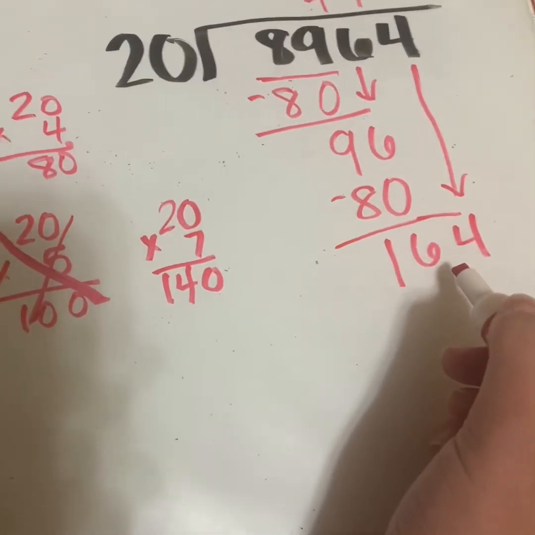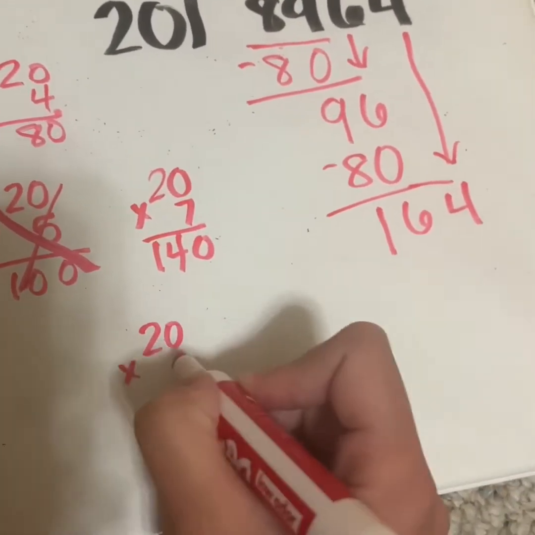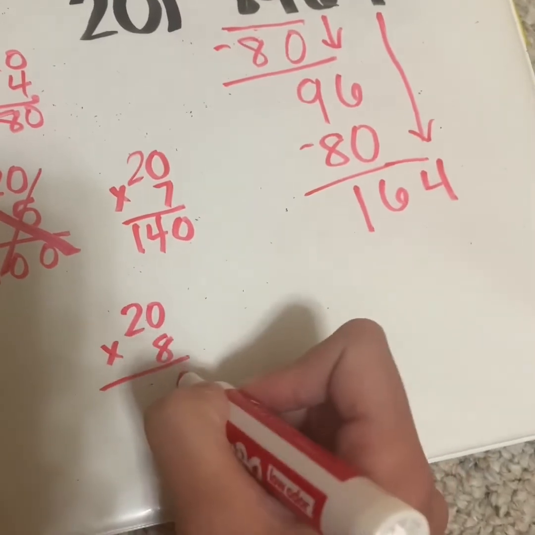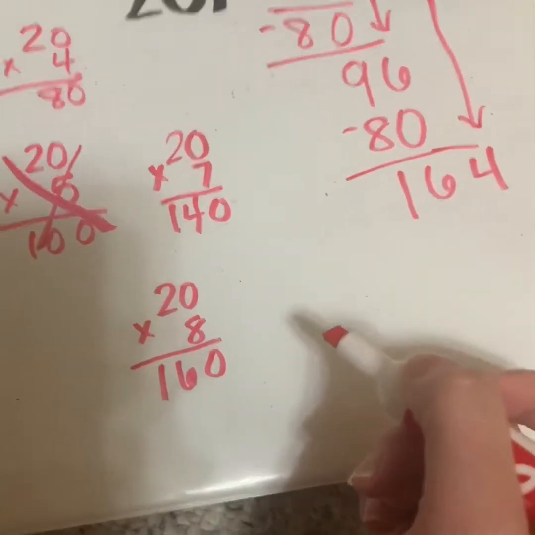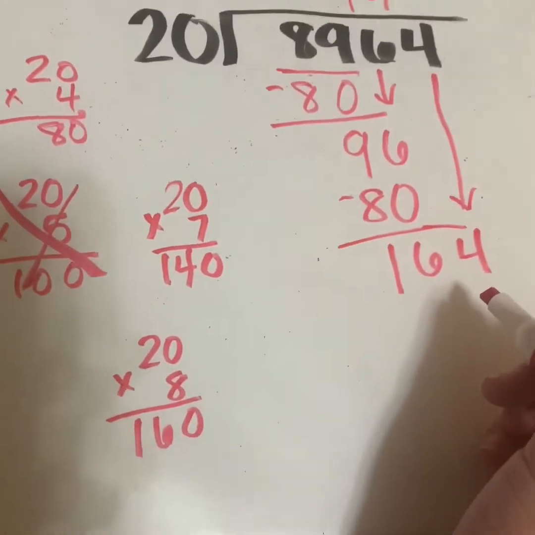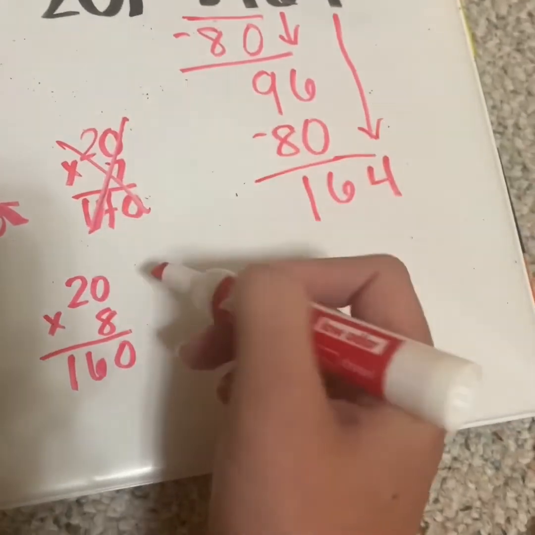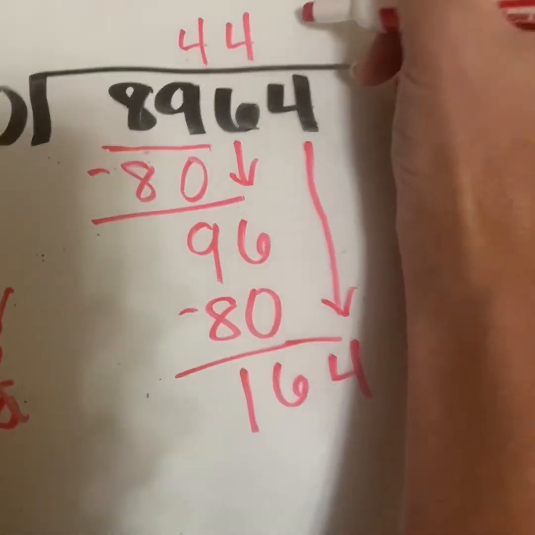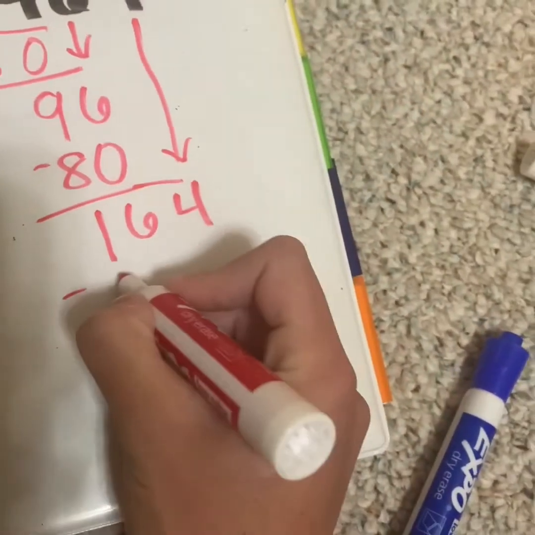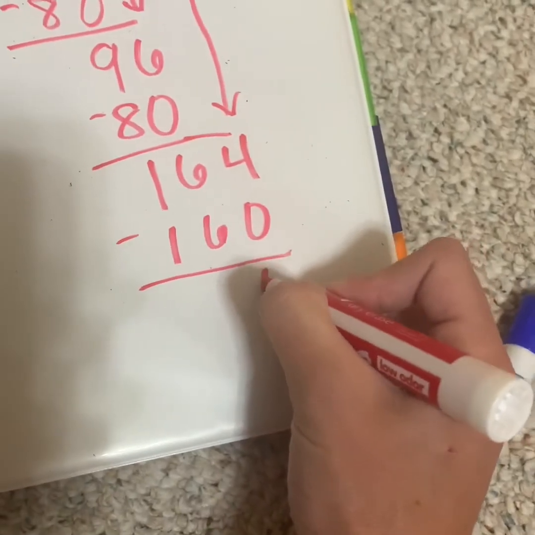Well, that's not quite to 164, so I'm going to go up one more. 20 times 8. 8 times 0 is 0. 2 times 8 is 16. Well, if we go up one more, we're definitely going to be larger than 164. So I'm not going to use the 7. I'm going to use the 8. So 20 times 8 equals 160. So I subtract, and I'm left with 4.